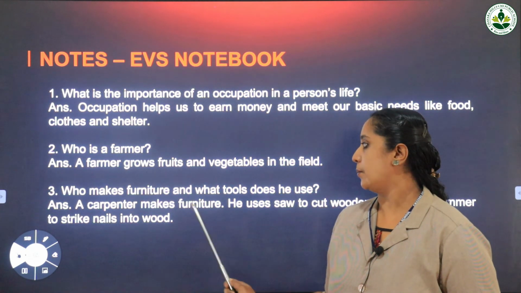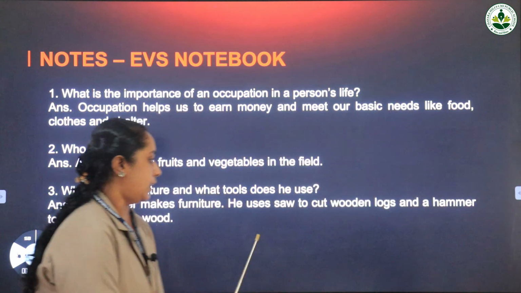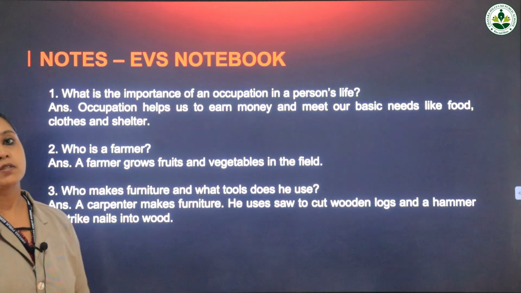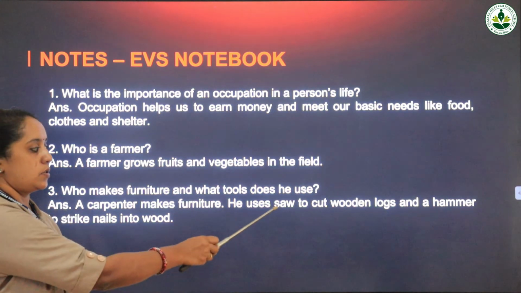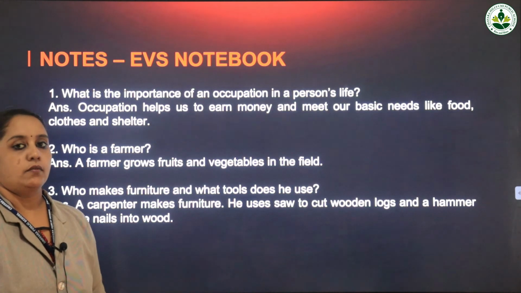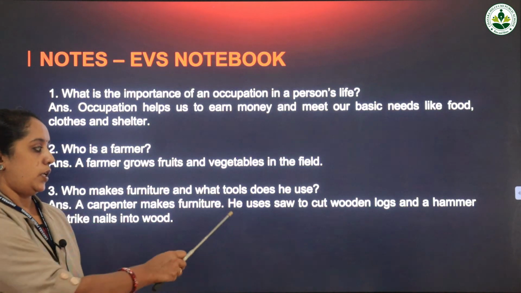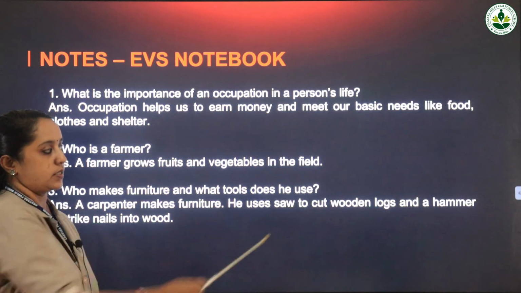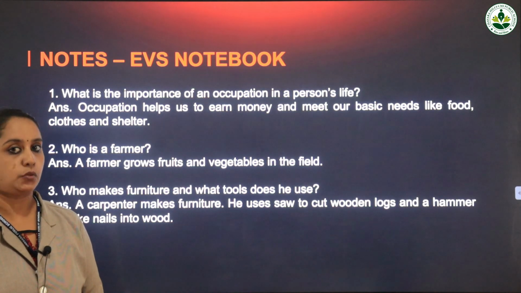A carpenter makes furniture, and which are the tools that he uses? He uses a saw. The picture is there in your textbook. He uses a saw to cut wooden logs. The term for saw in Malayalam is arakkaval. So he uses a saw to cut wooden logs and a hammer. You know what is a hammer? Hammer means chuttiga.